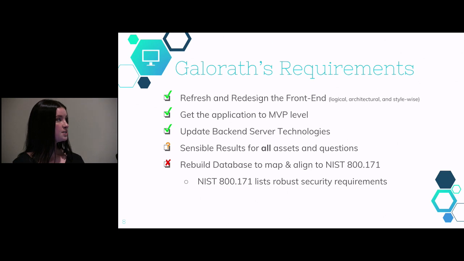We were also required to get the application to an MVP level, since what the last team left off was a little less than that, so we were able to ramp that up. Also, we updated the back-end server technologies, which made everything a lot easier for development and maintainability. As far as our last two requirements, sensical results and rebuilding the database to map it to national standards for technology, those were stretch goals for us.